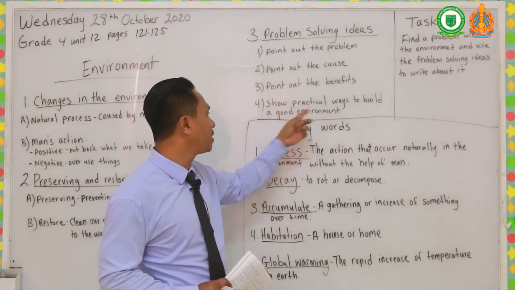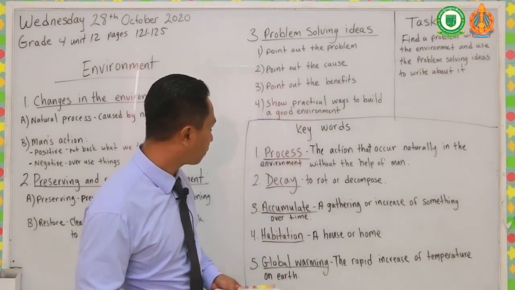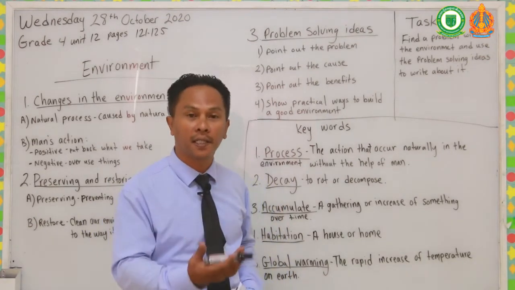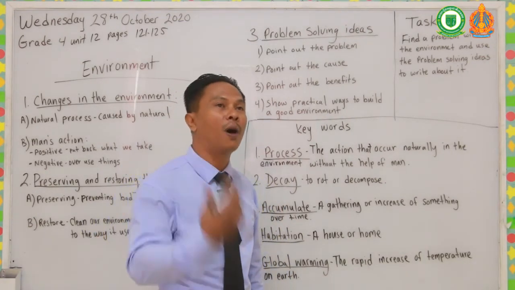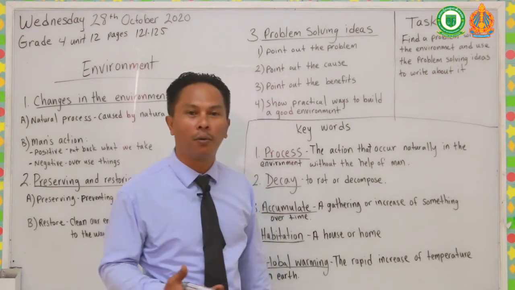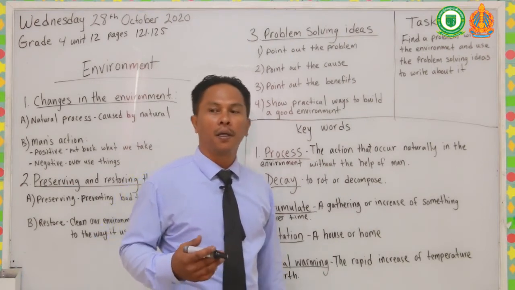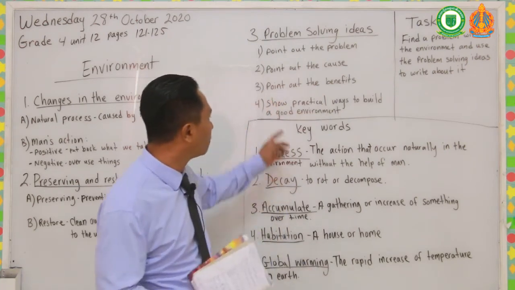Now, practical ways to build a good environment. So the practical ways are things like you could say, try to walk or ride your bicycle more than taking the bus or riding the car, okay? So those are some good ways.